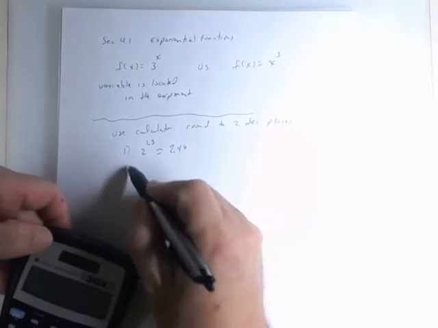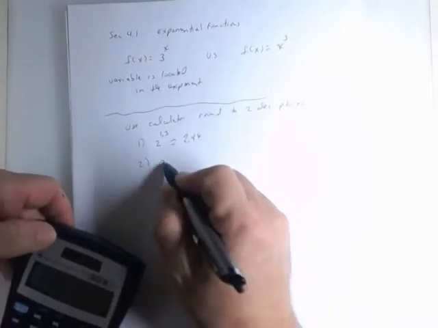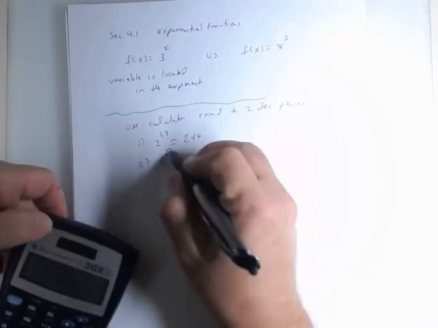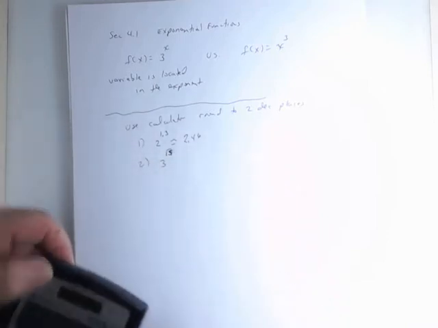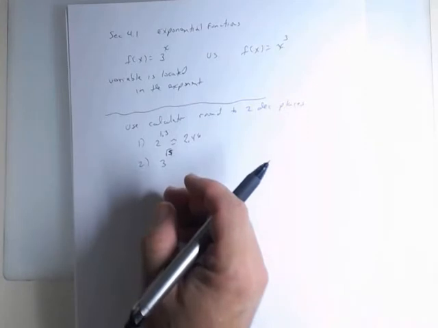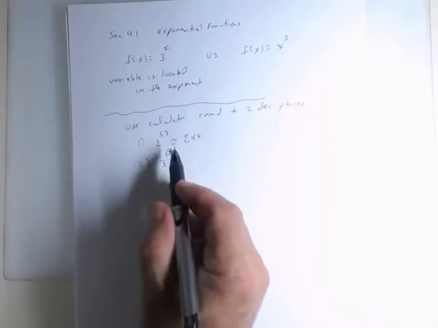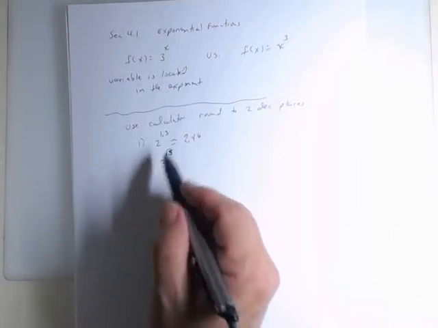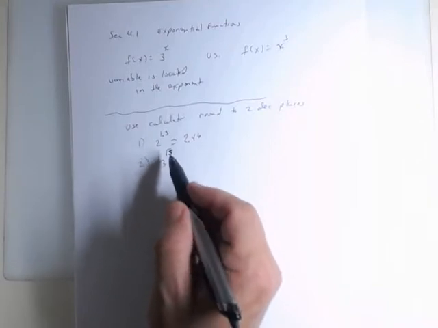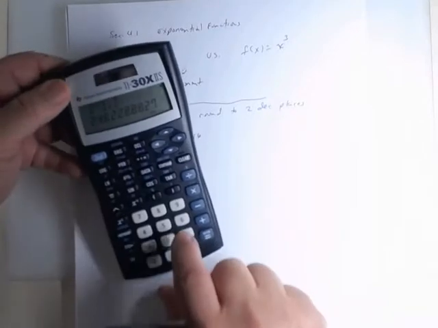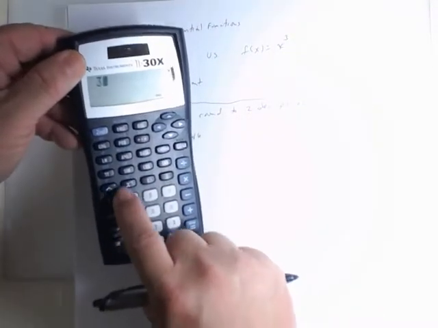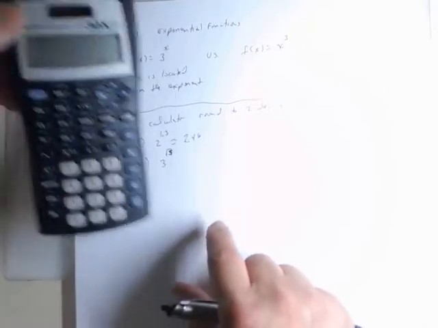All right, number 2, suppose you had this. 3 to the square root of 4. Oh, let's not do 4. 5. And the reason I didn't do square root of 4 is because that's 2, right? And then 3 squared will be 9. So you didn't use your calculator for that one. Now you're going to use your calculator, the square root of 5. All right, so here's how you do this. You're going to say 3. You're going to raise it to the square root.